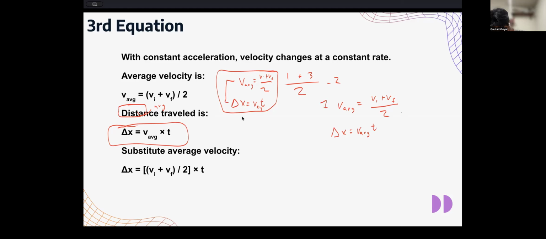I'm going to label this one, two. Now, this third step, you see how we can input this average here. If we put this average instead, we get delta x is equal to the initial velocity plus final velocity over 2 times t, correct?